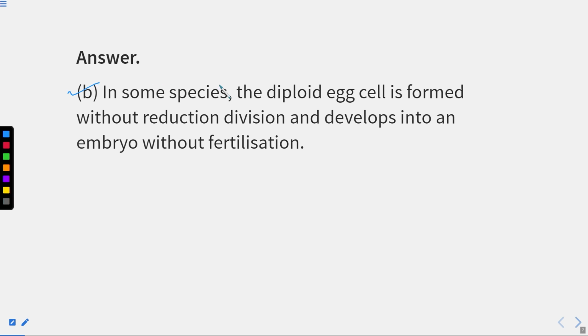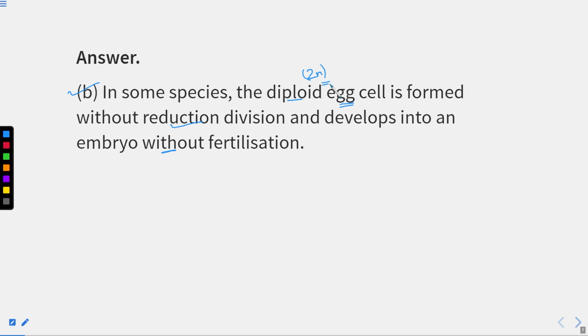Now, why is option B correct? In some species, a diploid egg cell is formed without the reductional division and develops into an embryo without fertilization. Usually the egg is haploid, but in some species a diploid egg cell is formed, meaning it has two sets of chromosomes. And how is this diploid egg formed?